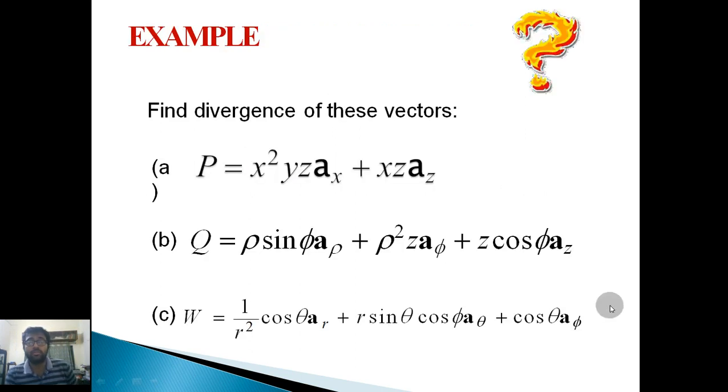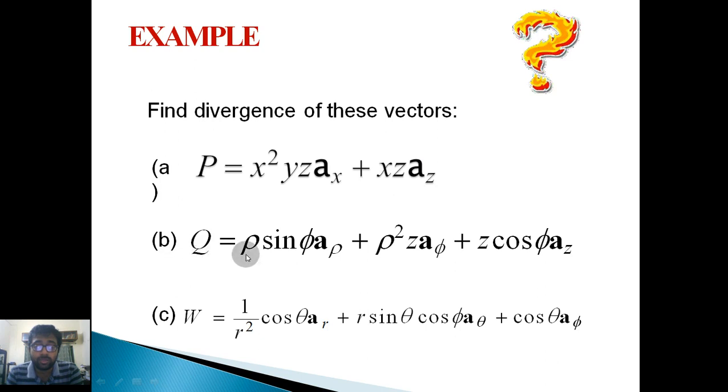Now here are some examples of divergence of different kinds of vectors. P is equal to x square yz A suffix x plus xz A suffix z.